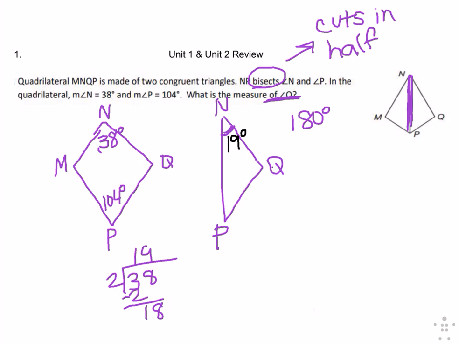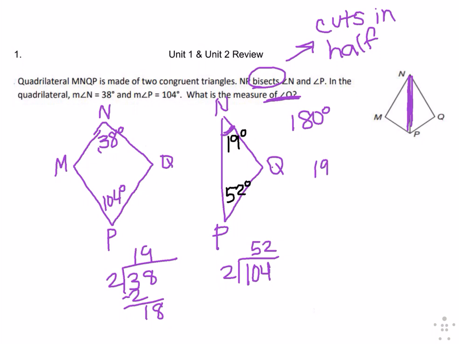And then we're going to do the exact same thing with the measure of angle P. So if we take 104 and divide that by 2, that gives us 52 degrees. So now that we have two angles in the triangle, we can find the third angle by subtracting from 180.